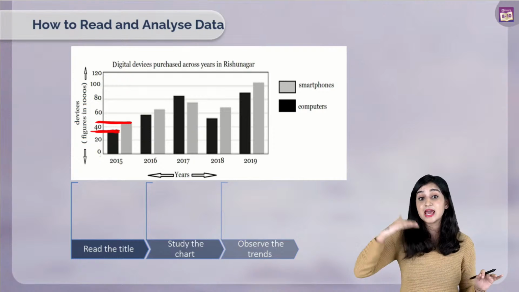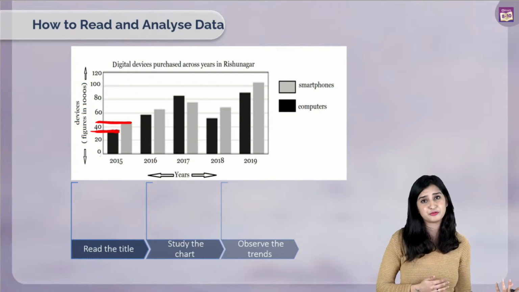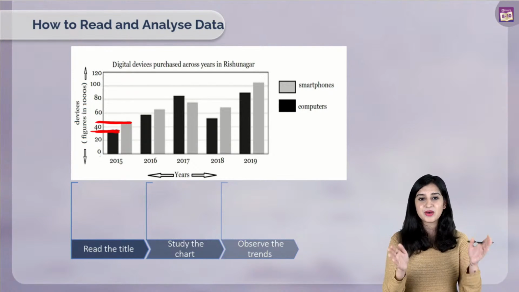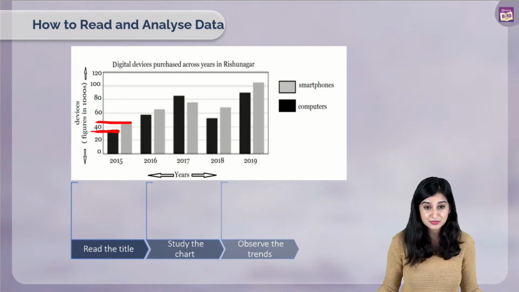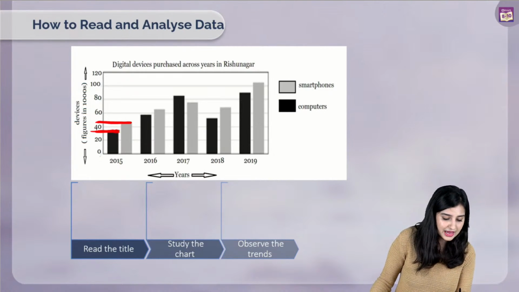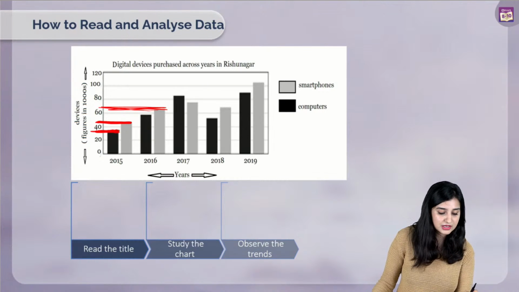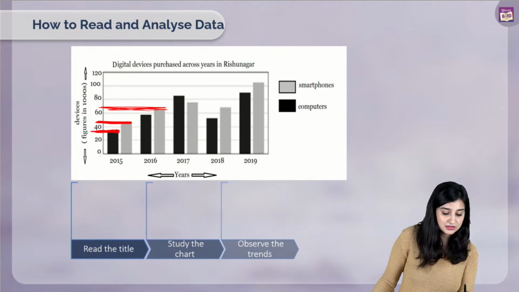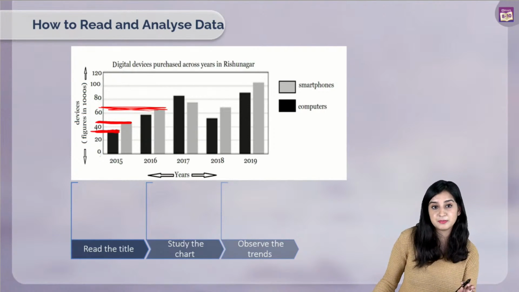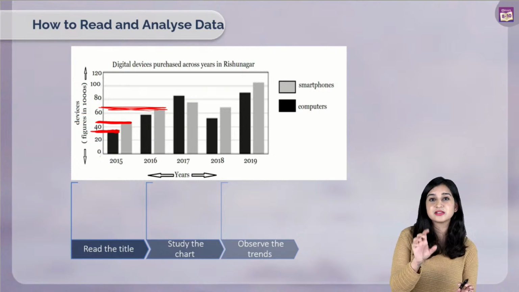Okay, it doesn't exceed 15,000, it doesn't go below 5,000. It falls somewhere in that range. Okay. So all you're going to do is find the number it corresponds to on the y-axis, and for every year, you're going to subtract the lower bar value from the higher bar value, and you will get an approximate difference.